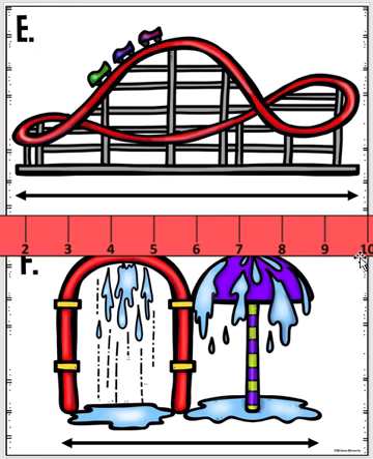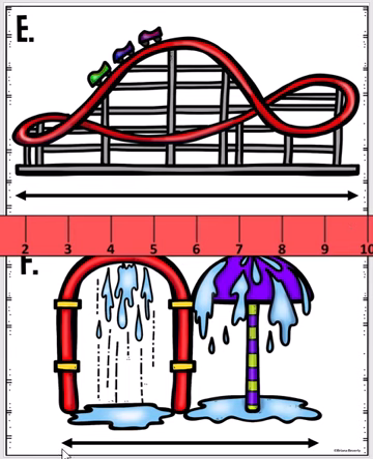So that is 1.5 to 2.5 is 1, to 3.5 is 2, to 4.5 is 3, to 5.5 is 4, to 6.5 is 5, to 7.5 is 6, to 8.5 is 7, to 9.5 is 8. So the roller coaster is 8 inches.